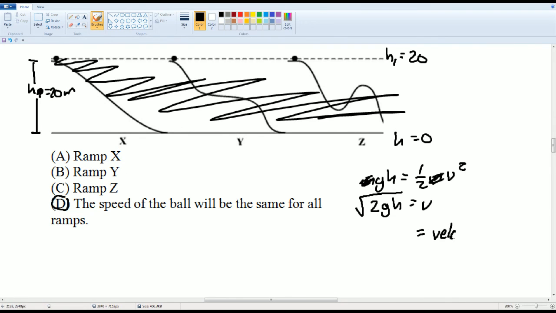Velocity is a function of height only. They all have the same height, and that's why the speed is going to be the same.